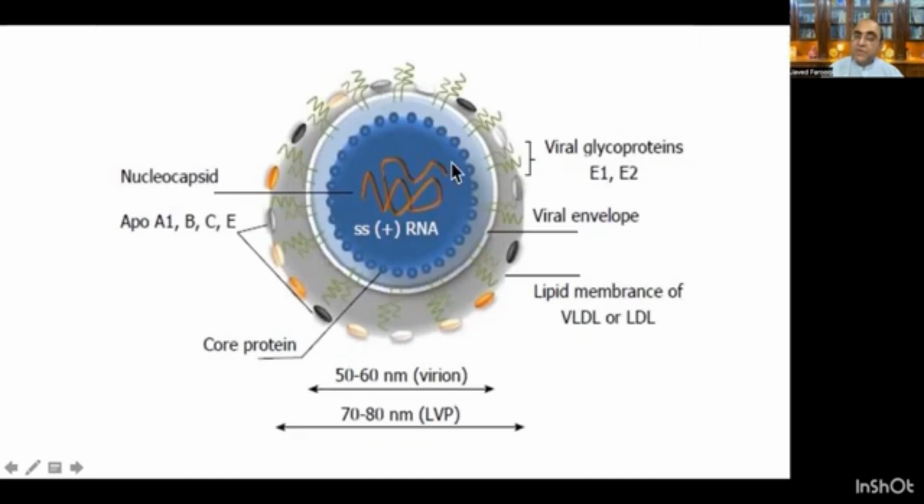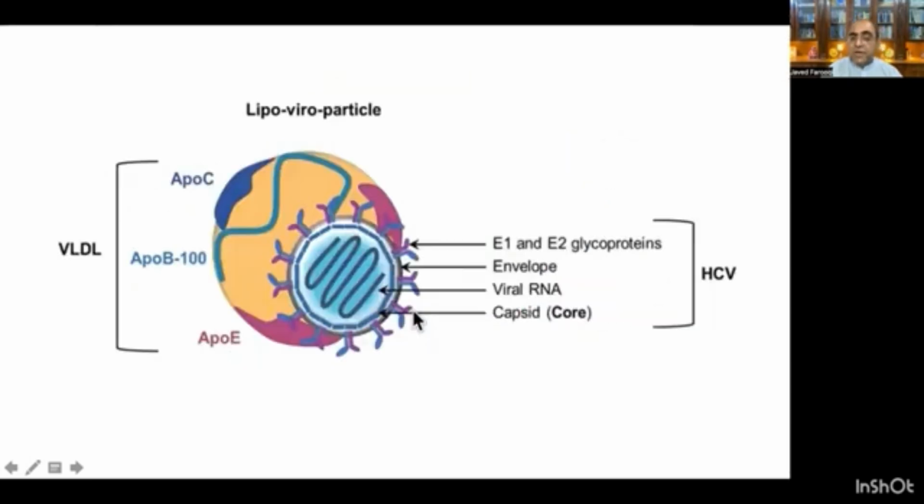So it circulates in this form, and this lipid membrane and the E1 and E2 help the virus particle to enter the cells. And this is another demonstration of how the lipoviral particle looks.